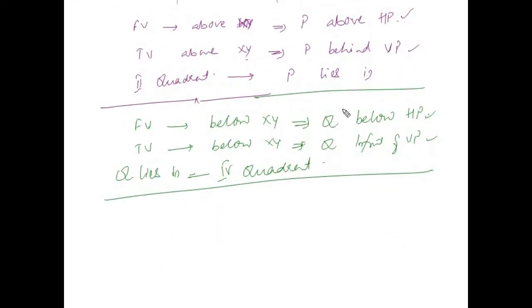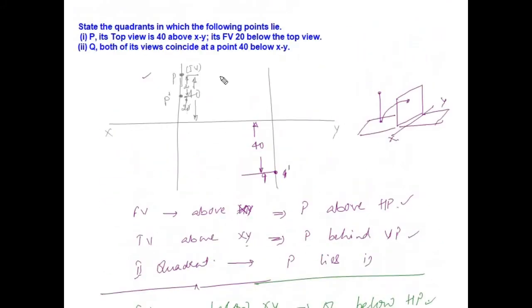So here we can observe these 2 points, P and Q. For P, the top view is above xy and the front view is below the top view. So both top view and front view are coming on one side of xy. So this is the second quadrant. Similarly, for the second point Q, both front view and top view are coinciding 40 mm below xy. So this will be the fourth quadrant.